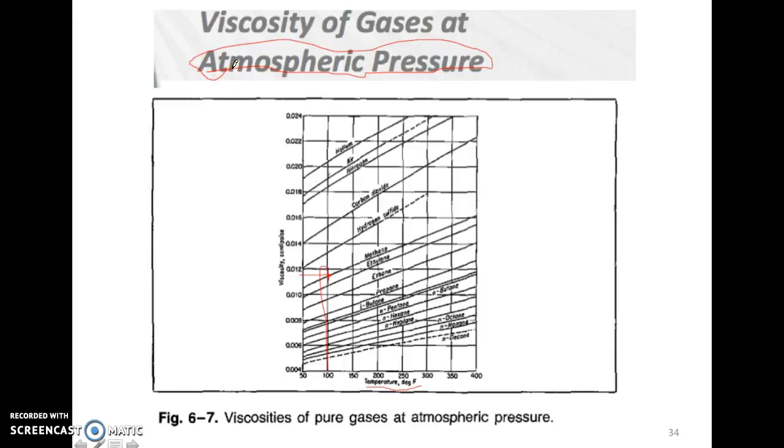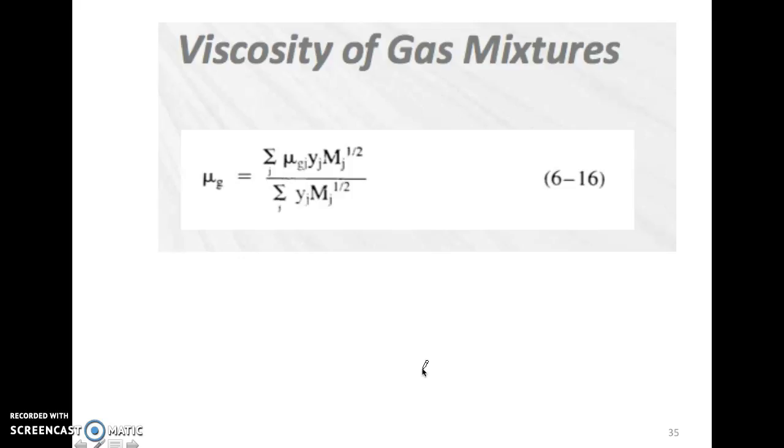Okay. And if you have the viscosity at atmospheric pressure, later on you should be able to calculate the viscosity at a certain pressure. So what happens if you have a mixture of gases? If you have a mixture of gases, we use a mixing rule. This mixing rule, proposed by equation 6.16, uses the composition of the gas, y, and the molecular weight of the gas.